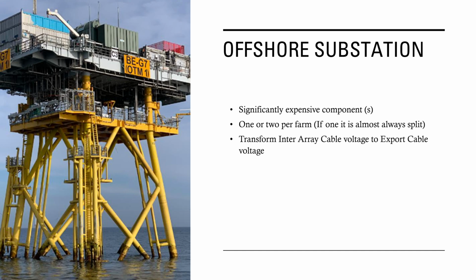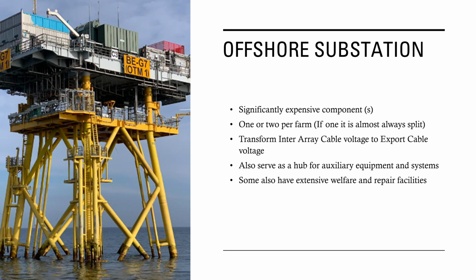What they do is they transform the inter-array cable voltage into the export cable voltage, or DC if that's the way it's done, and they also serve as a hub for auxiliary equipment and systems. So, for example, wave monitoring radar, certain meteorological equipment, CCTV hubs, that kind of thing you're typically going to chuck in the general direction of your offshore substation, because it's a good place to put it.